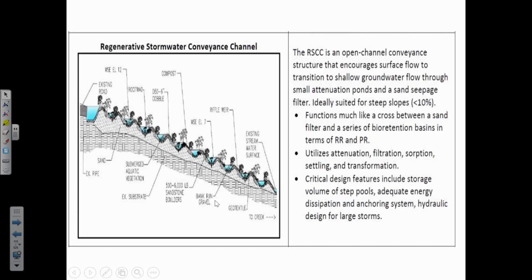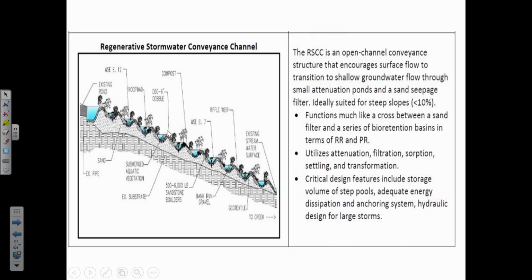Here's a channel where what they've done is put a bunch of little pools along the way. And the vertical component of this is exaggerated to make a point that if this was water flowing over a concrete surface, it would move very quickly. But instead, what has to happen when it starts to have water coming off of a road is that each one of these pools has to fill before it then cascades down to the next pool in the chain.